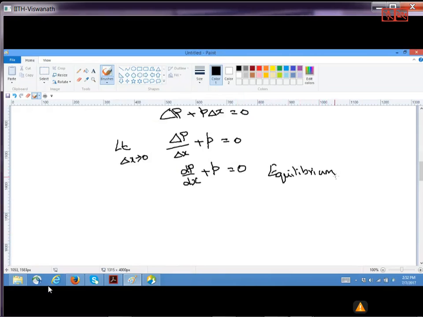Now, but what is P? P is the force. Force is obtained as sigma times A. This is stress, this is area, and this is force.